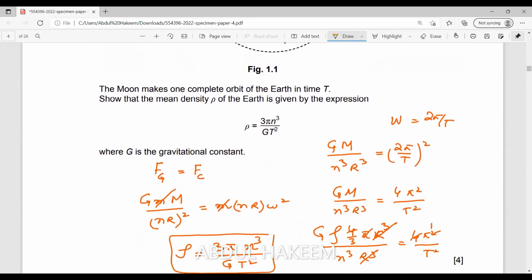So look at this. Gravitational force between Earth and Moon is providing the centripetal force. So this is the formula for the gravitational force, GMm over r square, but instead of the r, we will write nR because the radius is equal to n times R. It's given here.